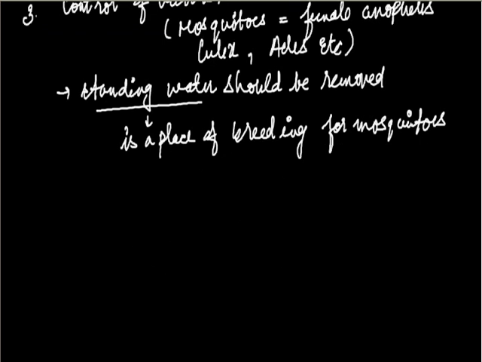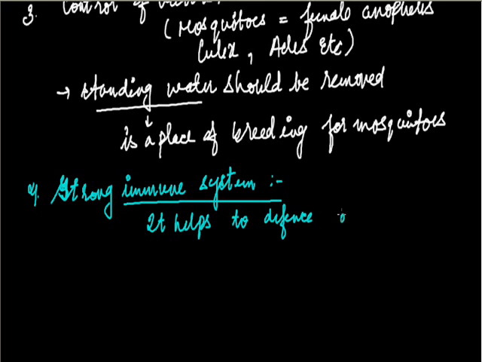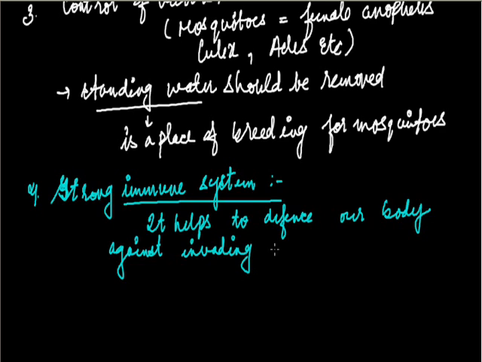To avoid diseases, a person should have a strong immune system. What is the immune system? As we have a nervous system, digestive system, and excretory system, we also have an immune system. It helps to defend our body against invading microorganisms and can be made strong.